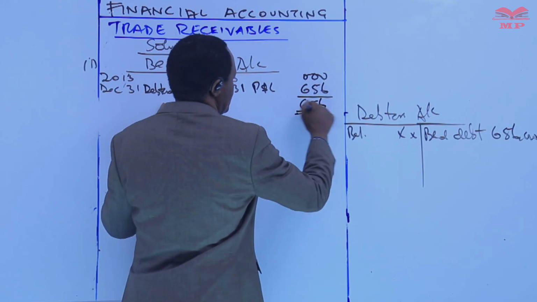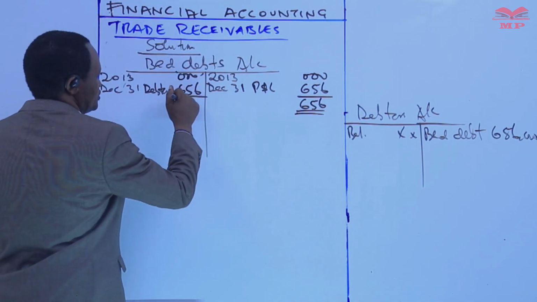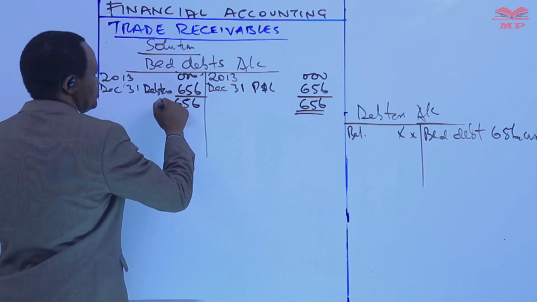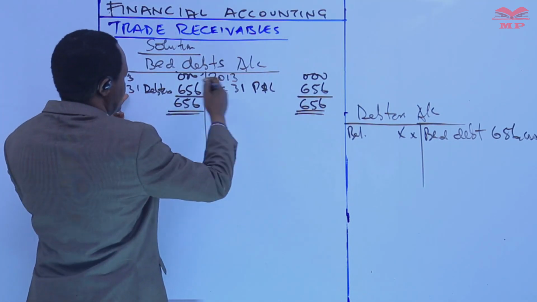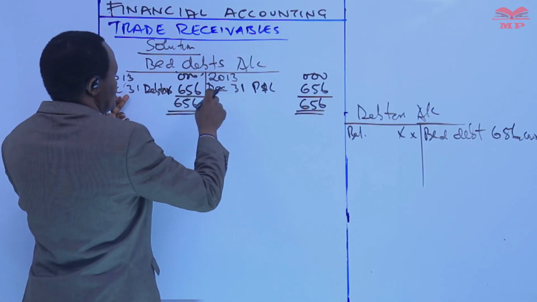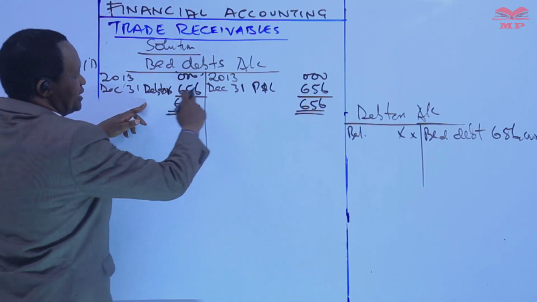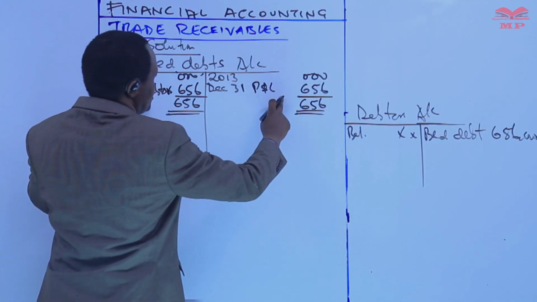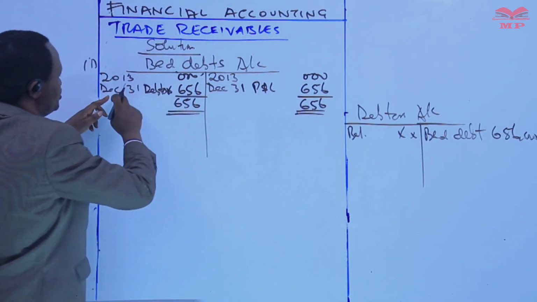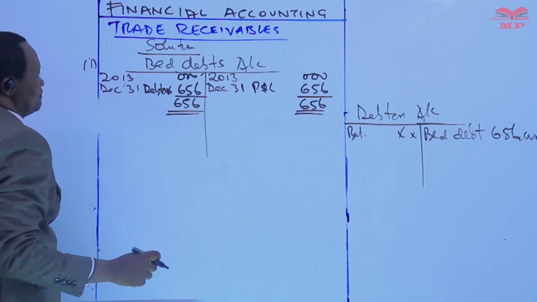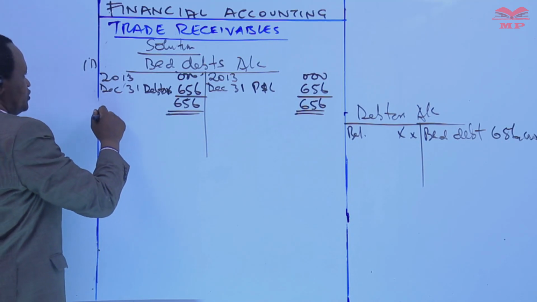We balance it off, then we close the account. So it is closed. There is no balance. That is in 2013.